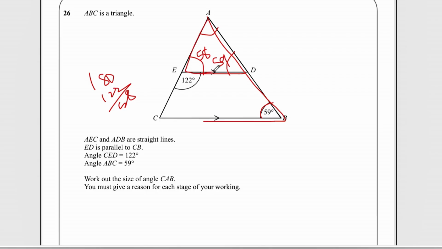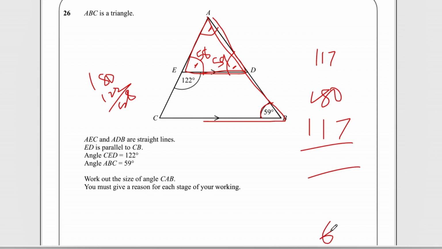So if you're considering triangle AED, the three angles add up to 180. So add 58 plus 59, then take away from 180 degrees. 58 plus 59 is 117. 180 minus 117 is 63 degrees. So your answer is 63 degrees.